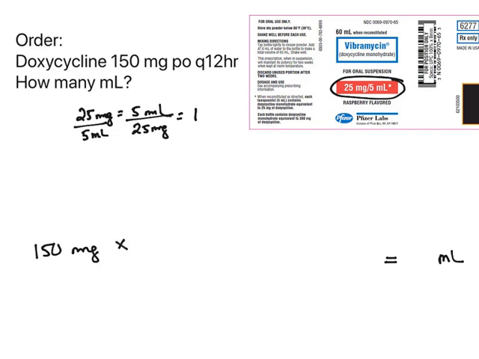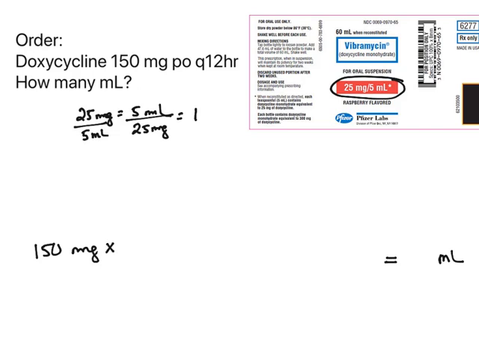So we know that we can multiply by 1 throughout. If I multiply by 1 multiple times, I'm going to end up with 150 milligrams. But that doesn't help me very much, so I want to multiply by a different form of 1 so that I can come up with the number of milliliters that I need to give.